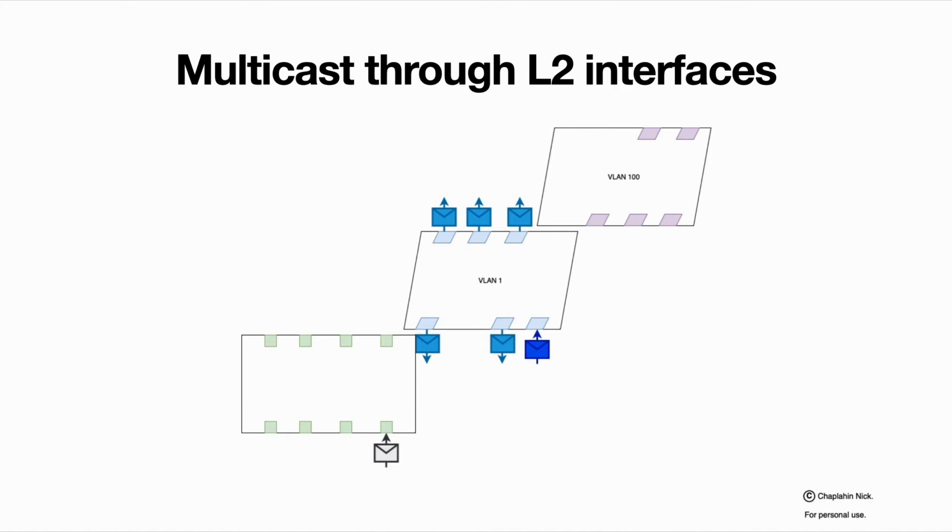When we're talking about L2, as you remember from the video about switching, it's pretty simple to implement, because if there is no FDB entry for this destination, and there cannot be an FDB entry for it because it's a multicast destination, then the frame is flooded through all interfaces in this VLAN. So nothing complex, but still.